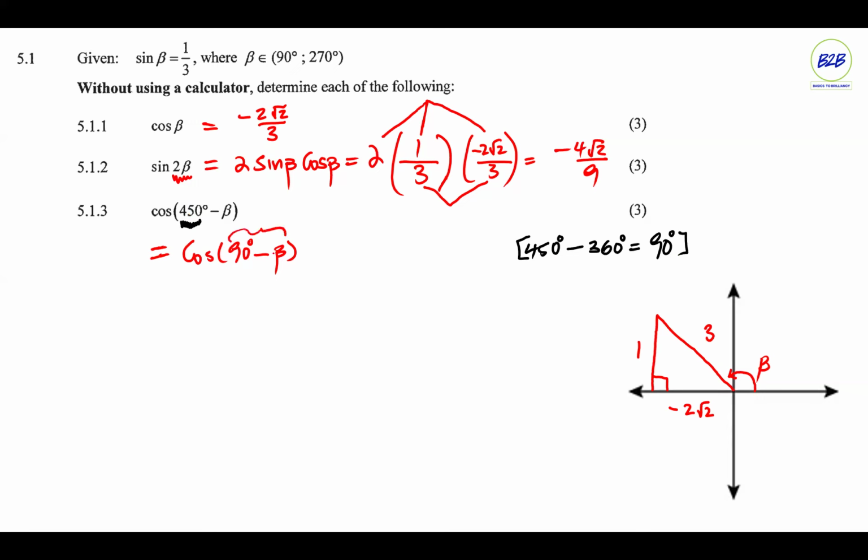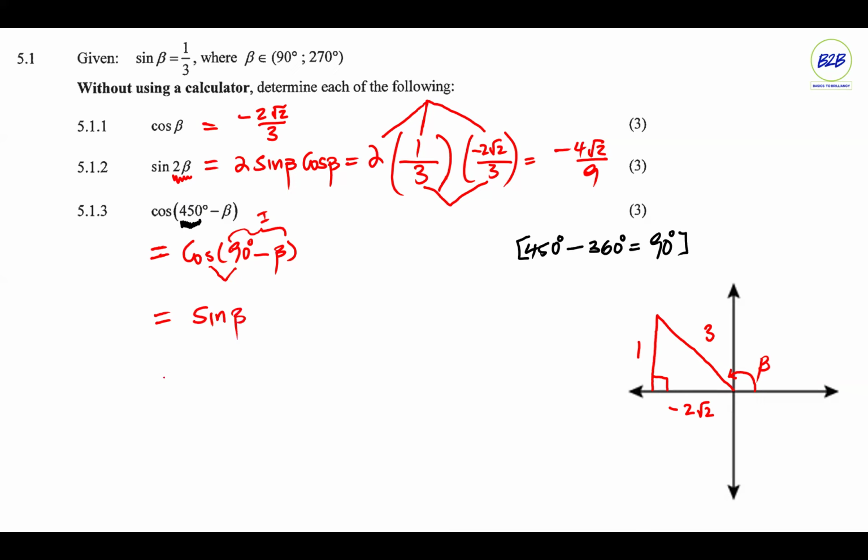We will ask ourselves which quadrant is represented by 90 degrees minus beta. And that is the first quadrant. What is the sign of cos in the first quadrant? That is positive. Since we have cos and we have 90, that means we must change cos into sine.